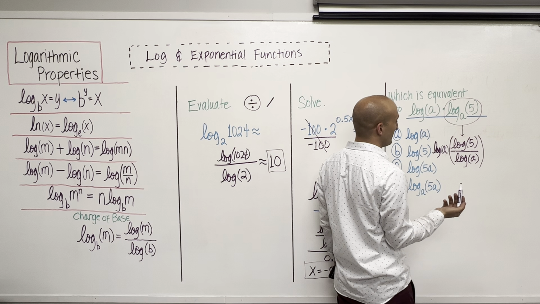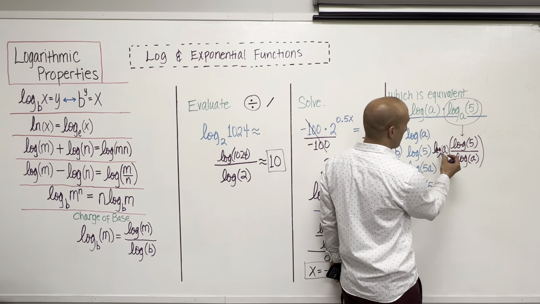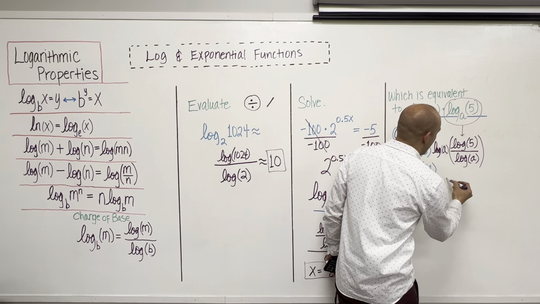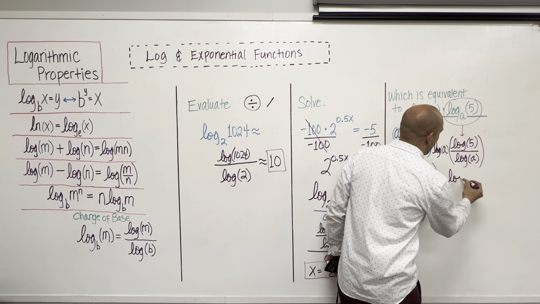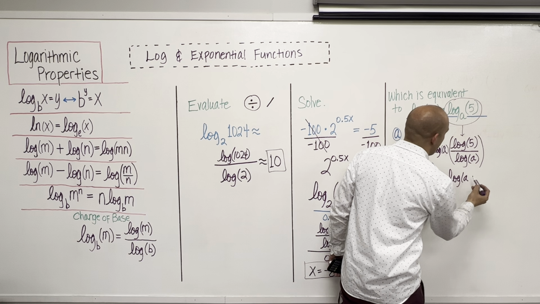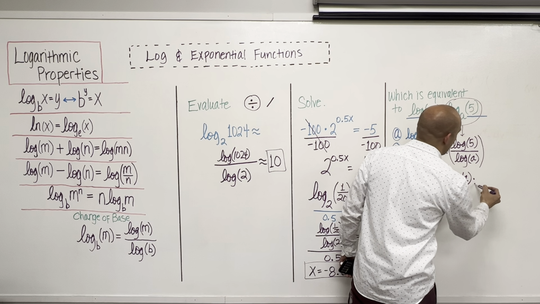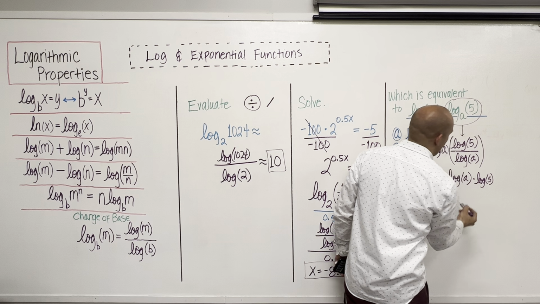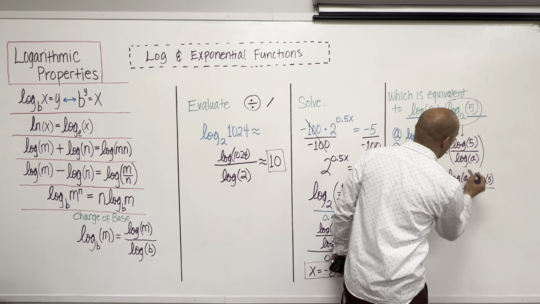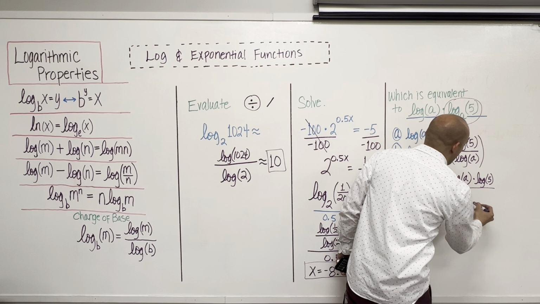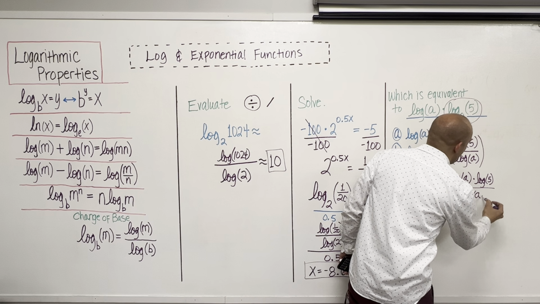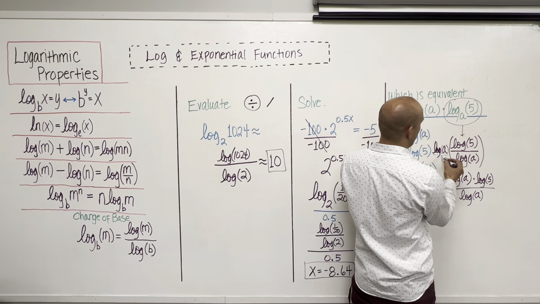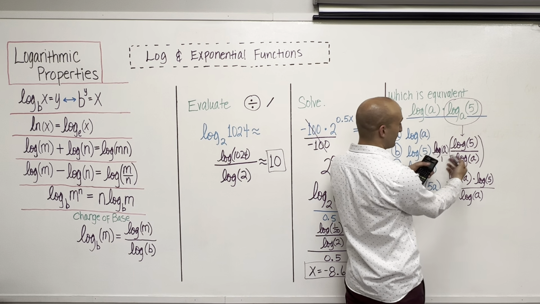This is nice because look, I'm multiplying here, so I'm left with log of A times the log of 5, and all of that is being divided by log of A. You know how to multiply fractions, right?